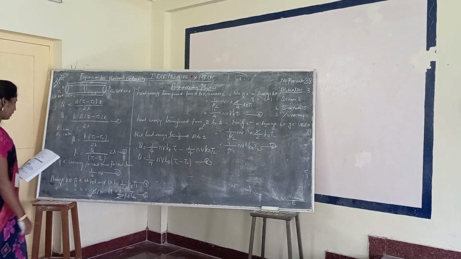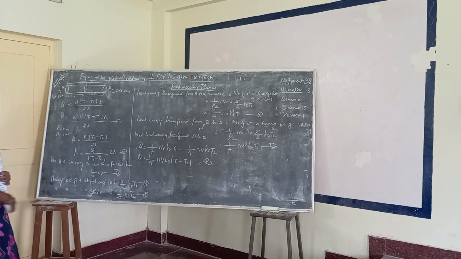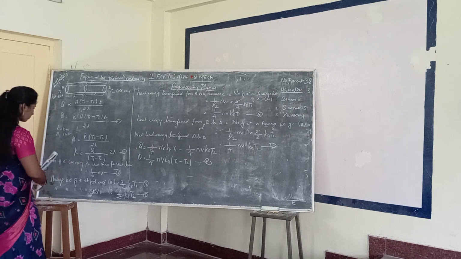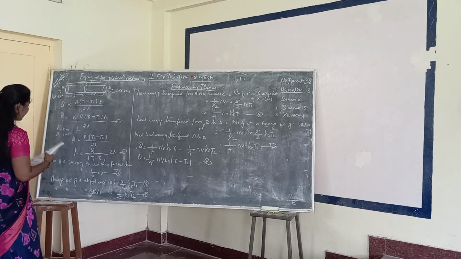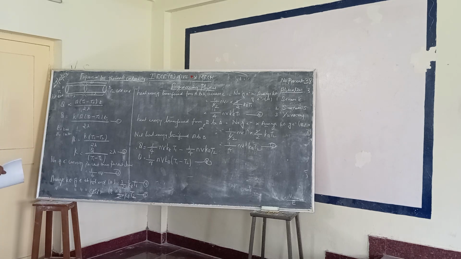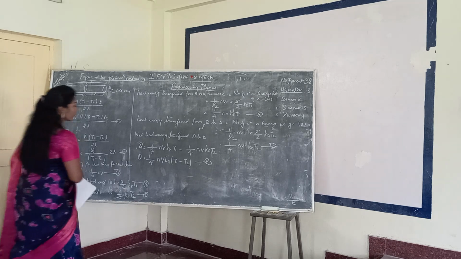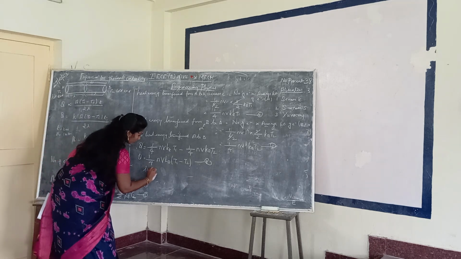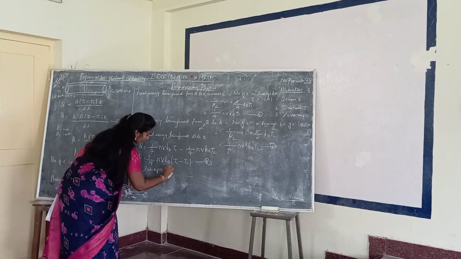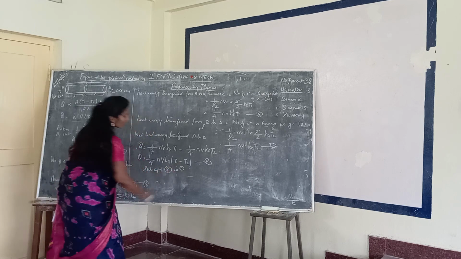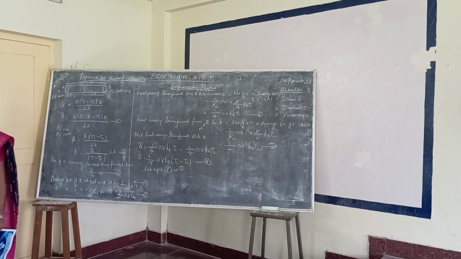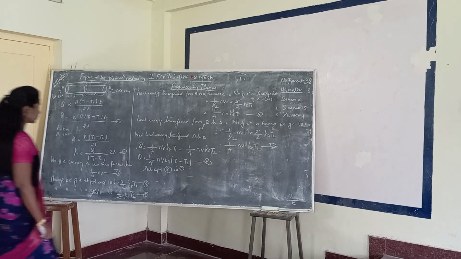Now substitute. Listen. Now substitute equation 8 in equation 2. What is equation 2? K is equal to Q divided by T1 minus T2 into 2 lambda. Substitute equation 8 in equation 2 and get the answer.